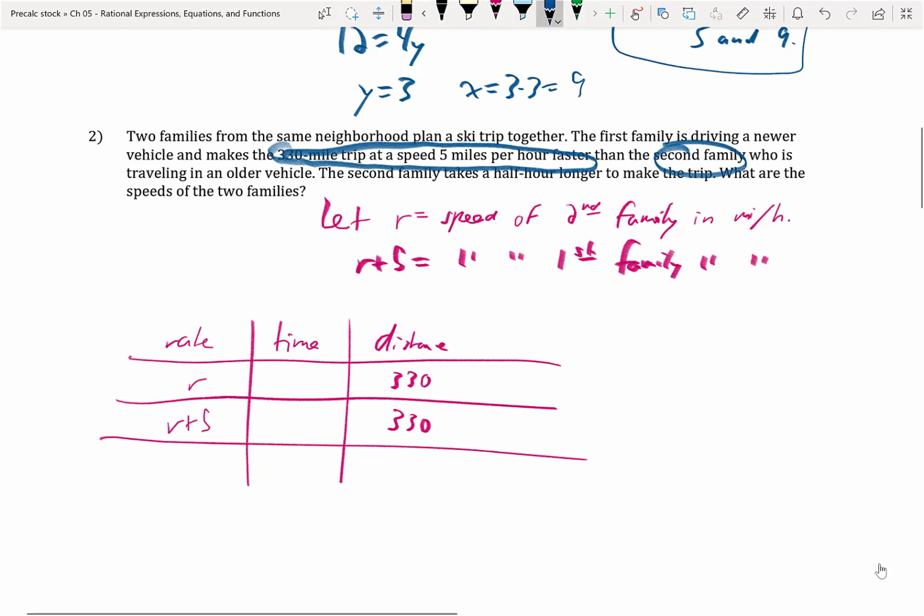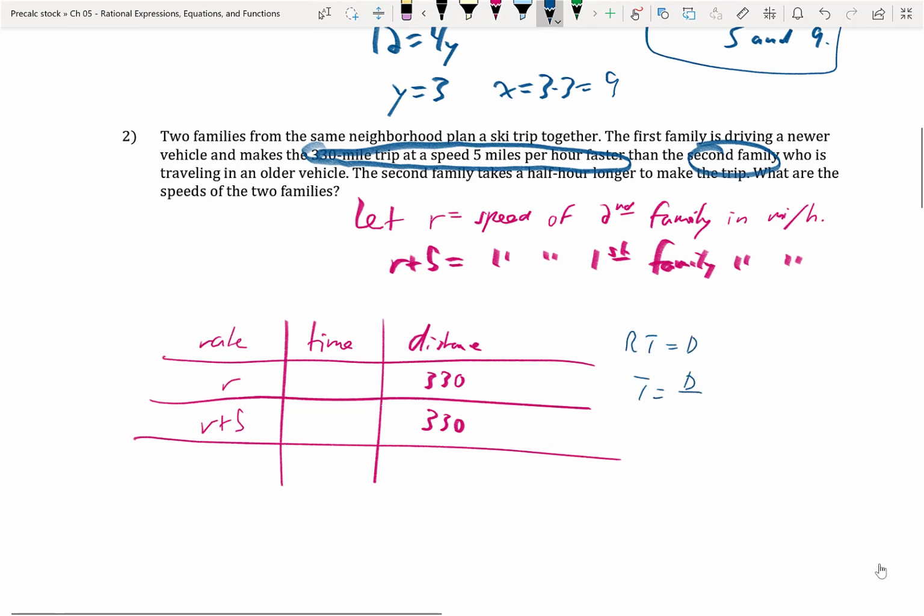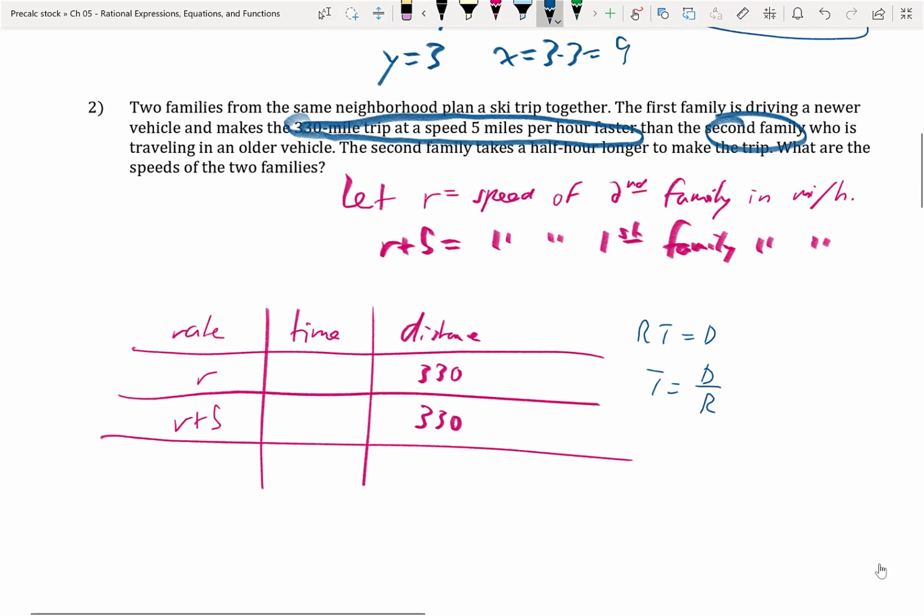But what I'm going to do is express time as distance divided by rate. I know that if rate times time is equal to distance, time is equal to distance divided by rate. The cue for you guys should be that a lot of these deal with variables in the denominator. So that should be a clue that your equations are going to have variables in the denominator. 330 over r and 330 over r plus 5.